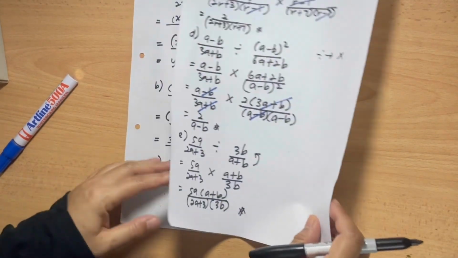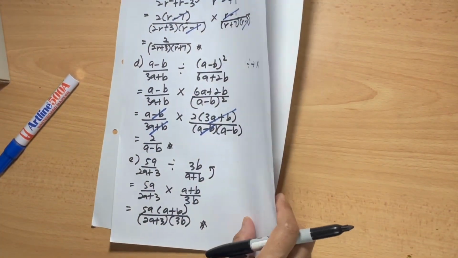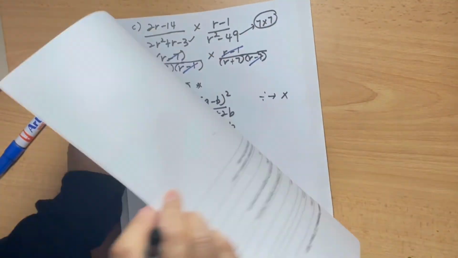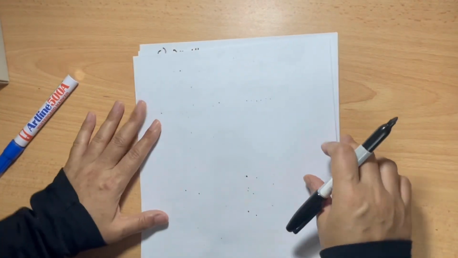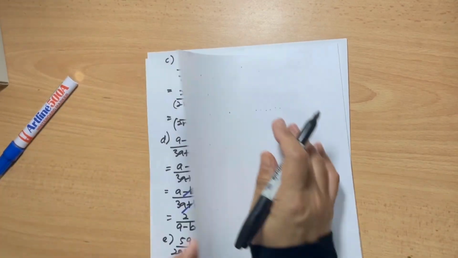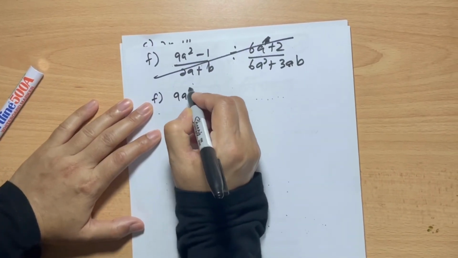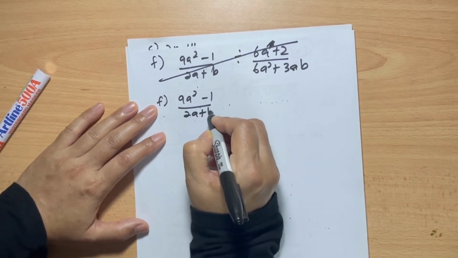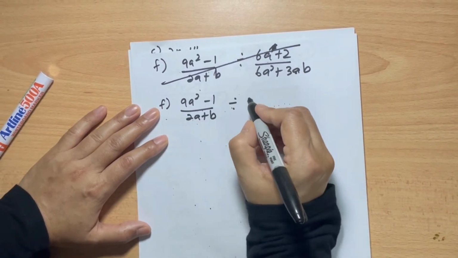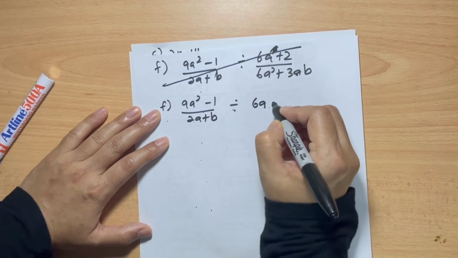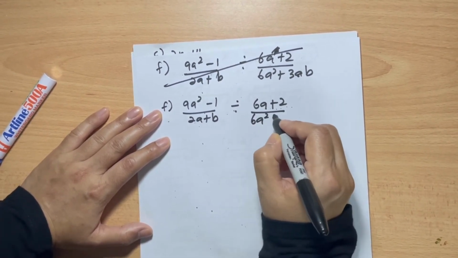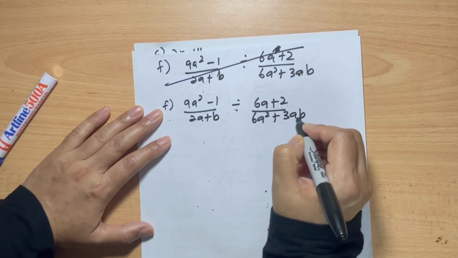Alright, I give you one more question here. So we go to F. 9A square minus 1 over 2A plus B, divided by 6A plus 2 over 6A square plus 3AB.